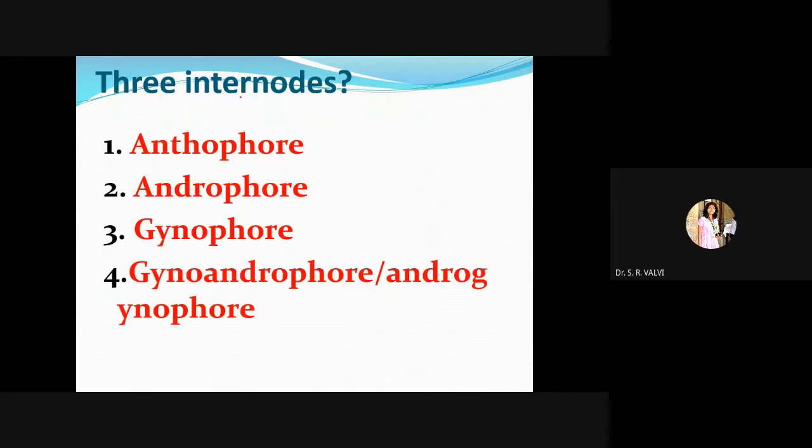The internodes are anthophore, androphore, gynophore, and gynoandrophore, which is also called androgynophore. We will discuss one by one what is this antho, andro, gyno, and the fourth one, gynoandrophore or androgynophore. Now let's begin with it.